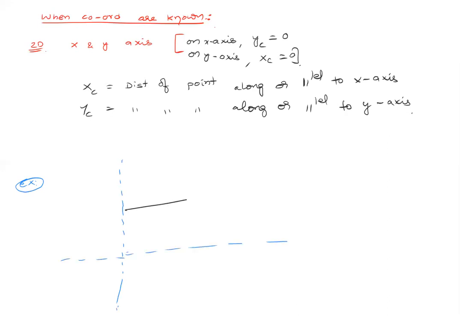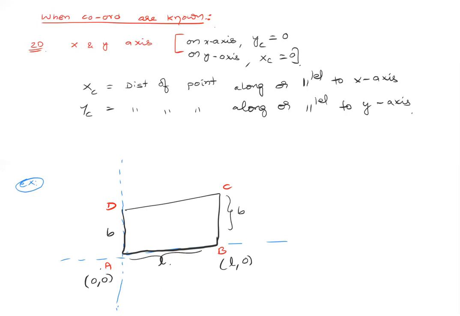Now let us say the coordinates of these points are known. Let us say this is length, this is breadth. Obviously, if these are points A, B, C, D, then the coordinates of A will be 0 comma 0. B will be L comma 0. And if this distance is B, this distance is also L, then the coordinates of this point are L comma B. The coordinates of this point are 0 comma B. This is how you give the coordinates.